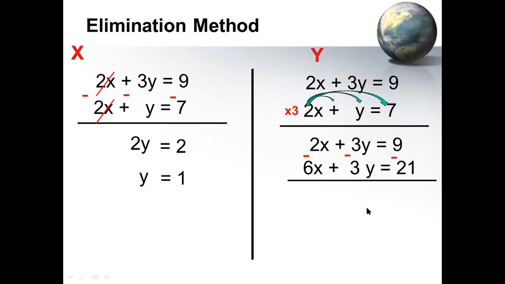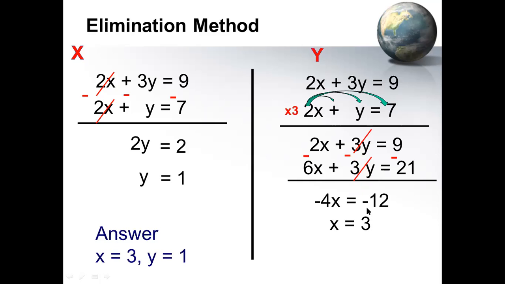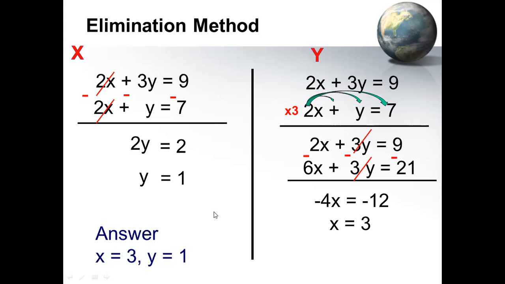So 3y and 3y cancel, and then 2x minus 6x will be negative 4x equals negative 12, which means x equals 3. That's how we solve simultaneous equations.